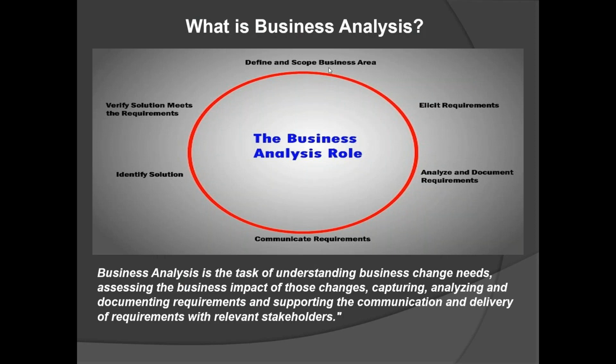What kind of problems he is facing, why he is getting the problems, whether the current system is creating problems or whether the client has new requirements that the current system is unable to support, what we need to deliver, and what we should not deliver. All these we are going to explain in define and scope business area.